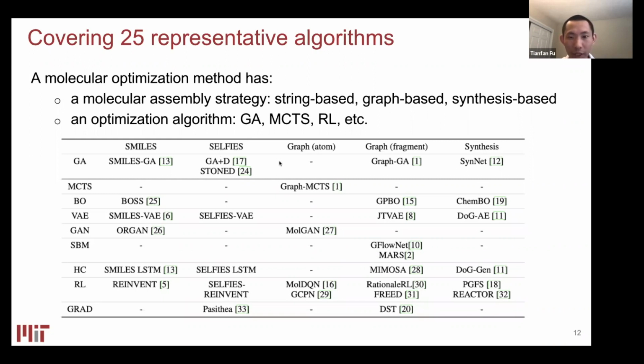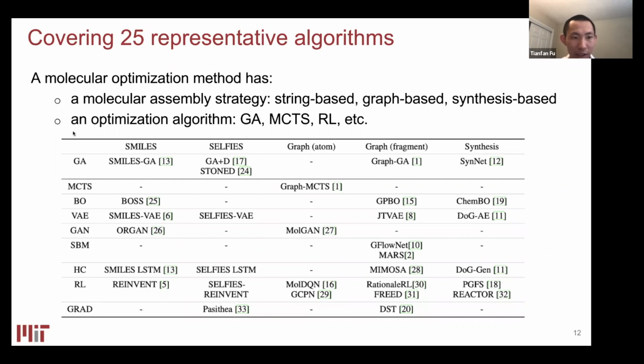For graph-based methods, conditioned on the basic building block, we divide them into 2 categories. The first uses atoms as the basic building block, and the second uses fragments as the building block. Synthesis-based generation methods use chemical reactions to construct the molecule.